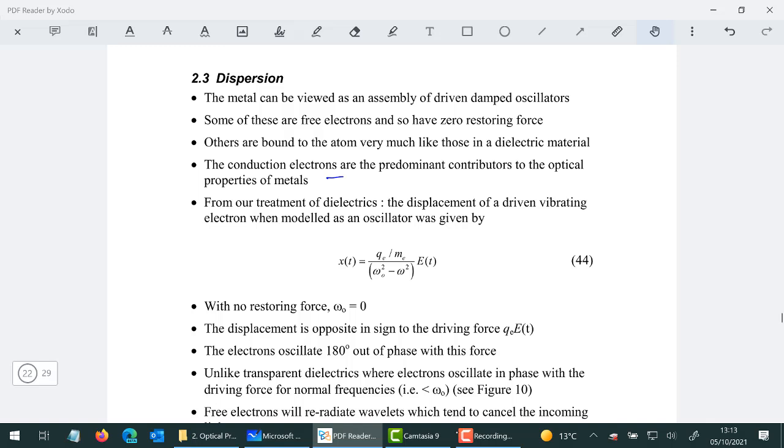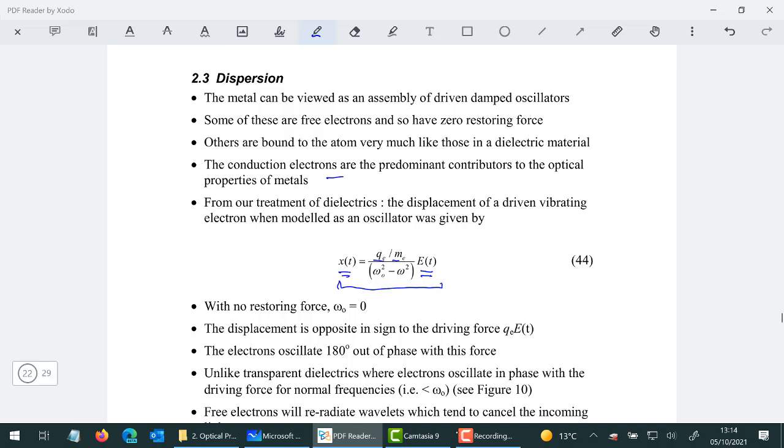For the free electrons, if we apply an electric field to the electron with a charge of Q and a mass M, then the displacement that's produced will be given by the expression here.